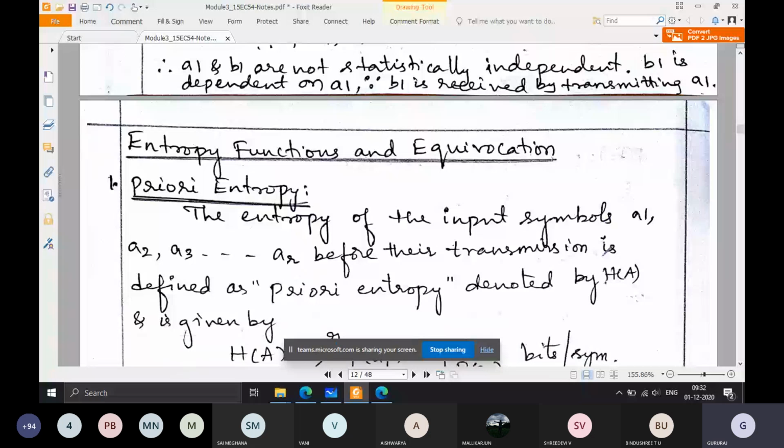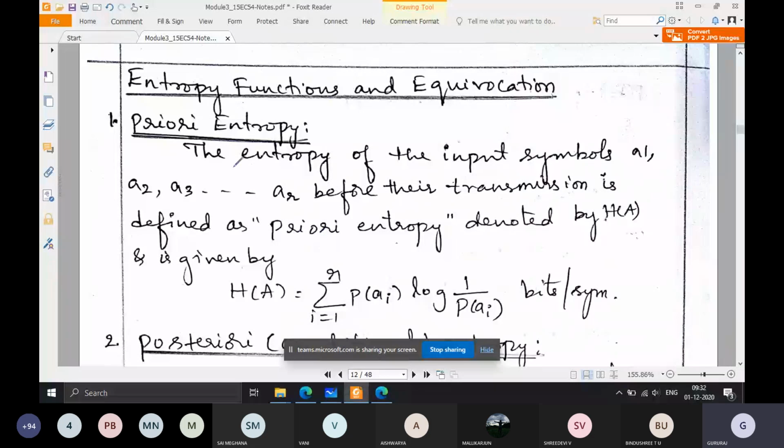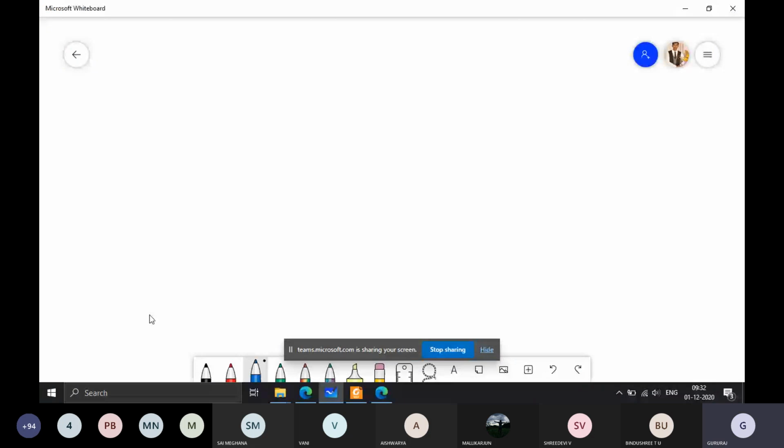Entropy functions and equivocation. The next topic is entropy functions and equivocation. There are various types of entropies whenever we talk about channels. The first type is known as priori entropy.